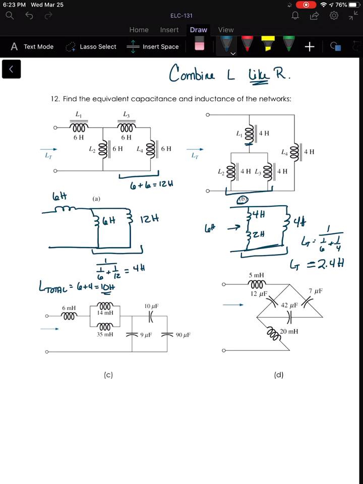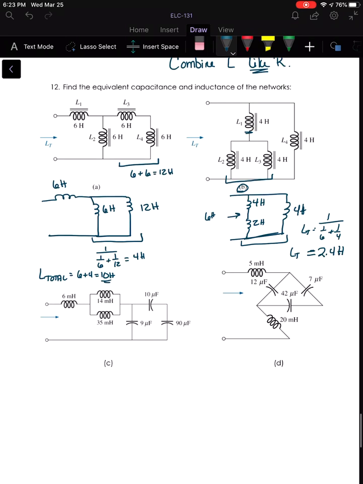Okay, let's work on the next two. Again, if you want to try it yourself, just pause the video and you can do this yourself. Here, remember, we've got capacitors we're going to combine and inductors, so we'll be left with 1 inductor and 1 capacitor at that point.